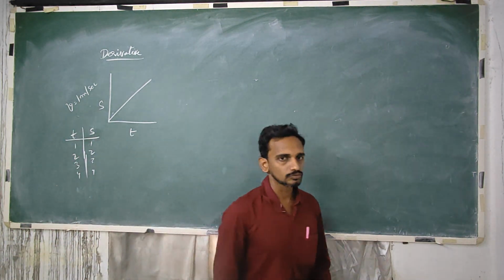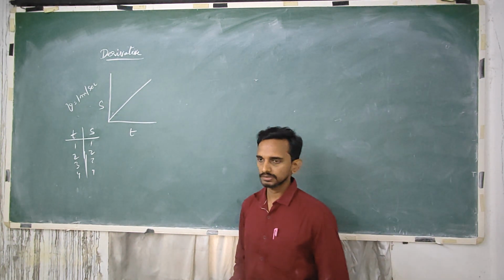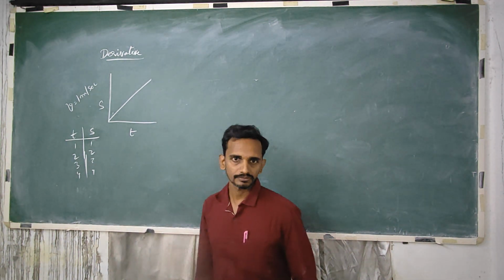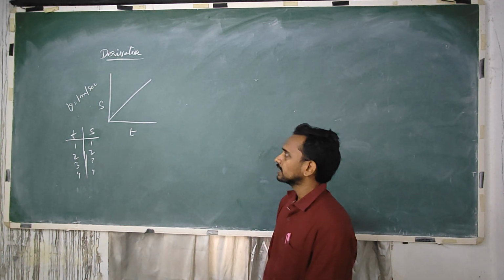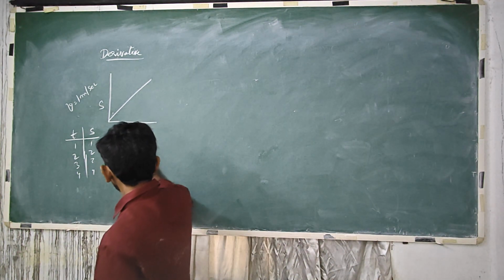If the object moves with constant speed, what happens? For each unit of time, it travels equal distance. Okay. So now, what is the velocity?